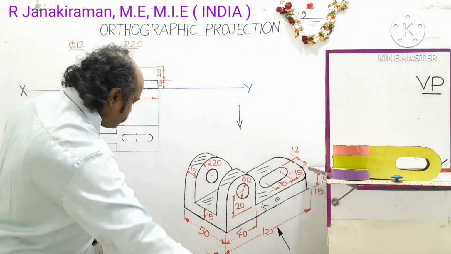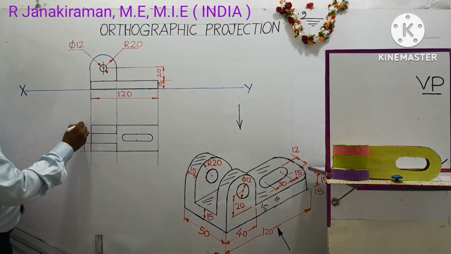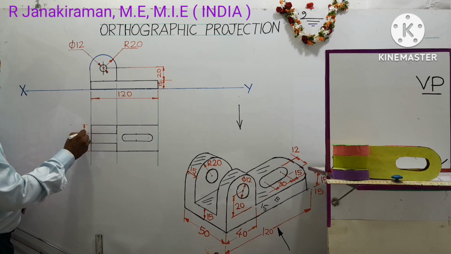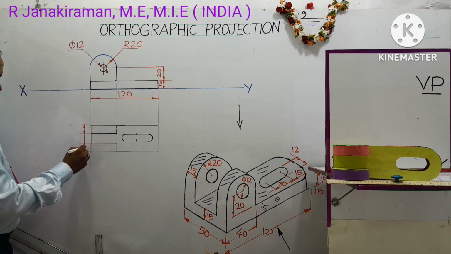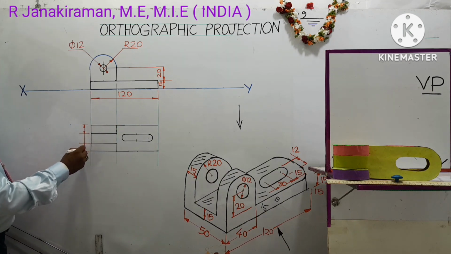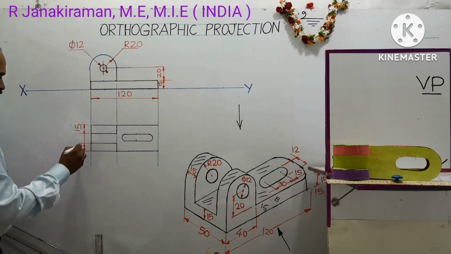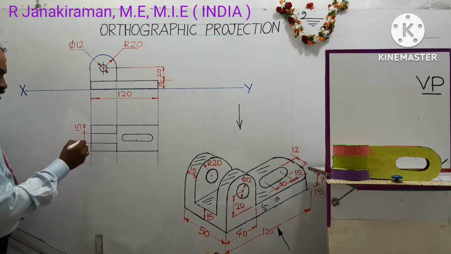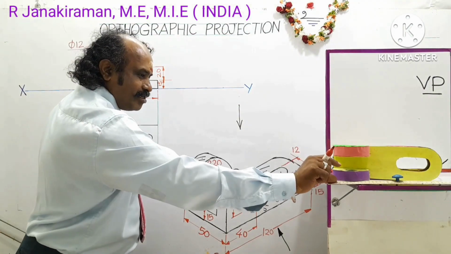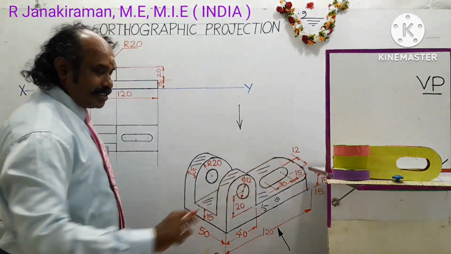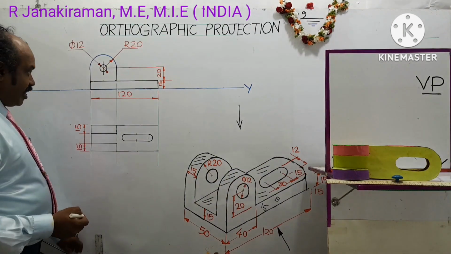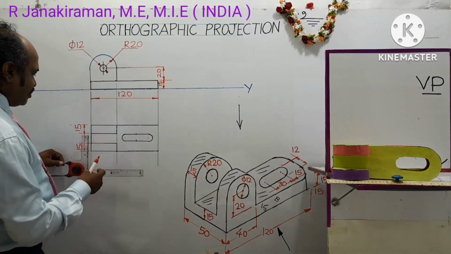Put arrow heads and mention the size, which is given as 15, in terms of millimeter. That is, this thickness is 15 mm and this blue color part will be taken as the same 15 mm, okay. And this length part shall be dimensioned.